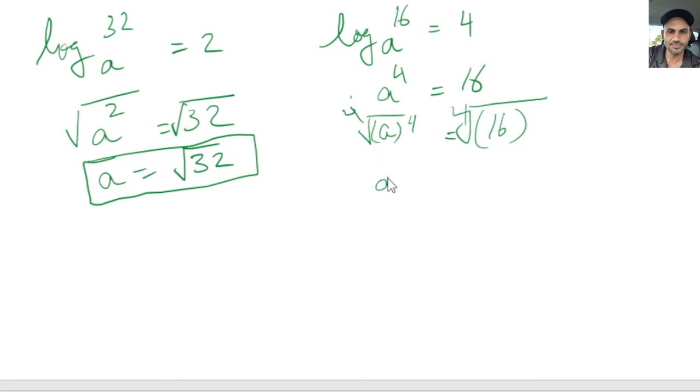So this would be a. What is the 4th root of 16? That is 2 to the 4th to the 1 over 4. So basically a is equal to 2 right there.